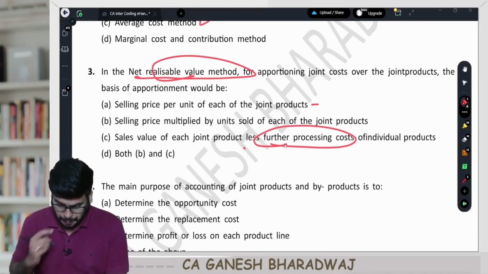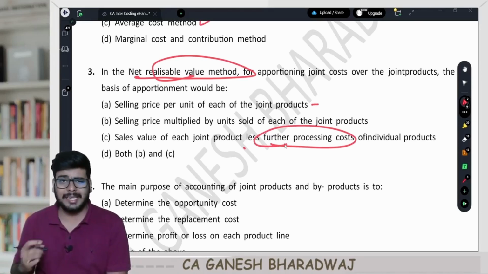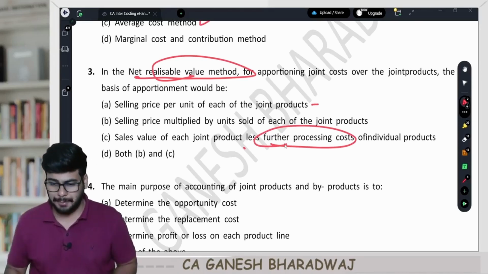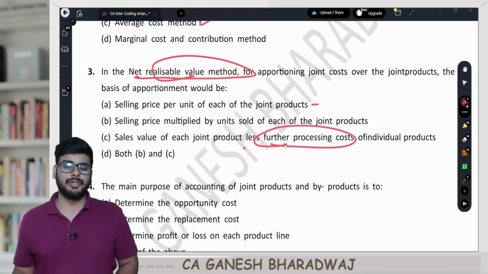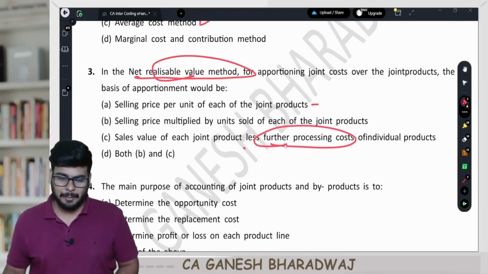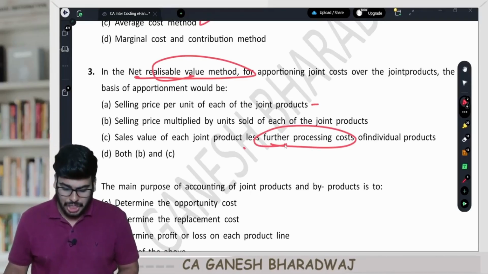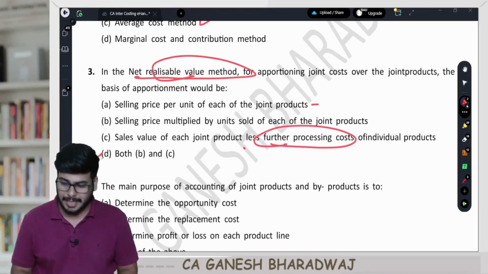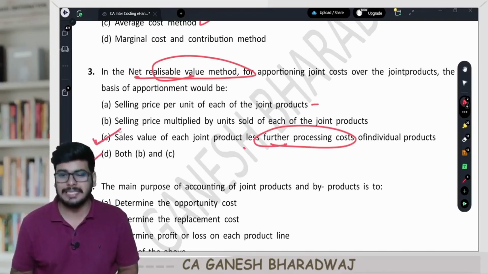Now, at times when they are not further processed, what will you do? You will take directly the sale value at the split off point itself. So for that reason, I think in the institute study material, they have given D as the answer. But ideally speaking, the answer should only be C.